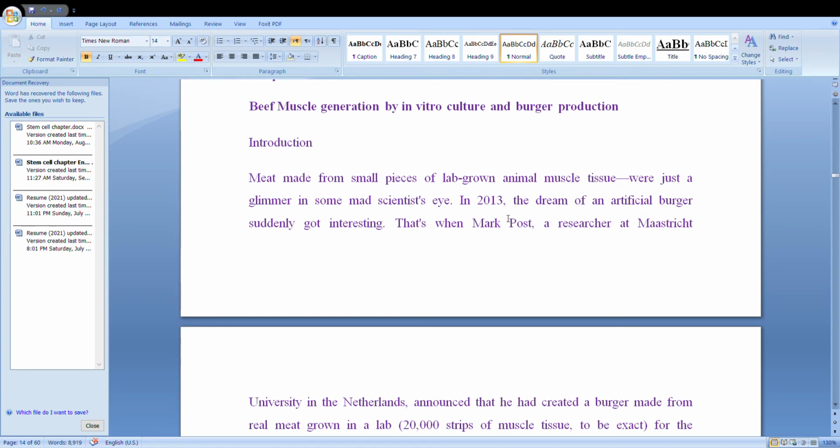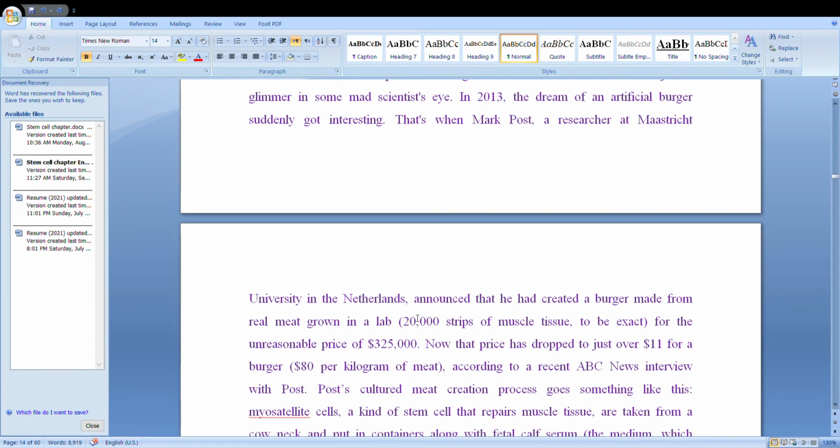In 2013 the dream of an artificial burger suddenly got interesting, and Mark Post, the researcher, invented this, and also his co-workers at the State University in the Netherlands produced this.